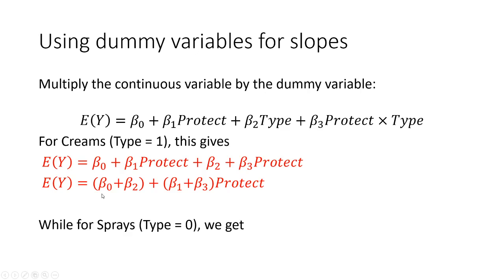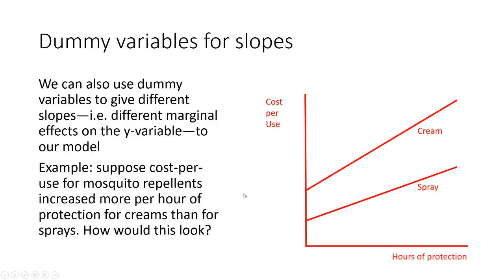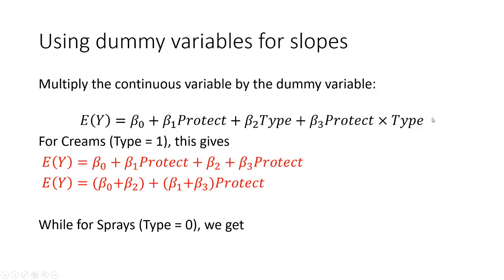And so we'll get a new y-intercept, a new estimated cost per use for creams that protect for 0 hours. We'll get a new slope, so a new number of cents by which cost per use will increase for every hour that our protection goes up. So this will give us the top line there.